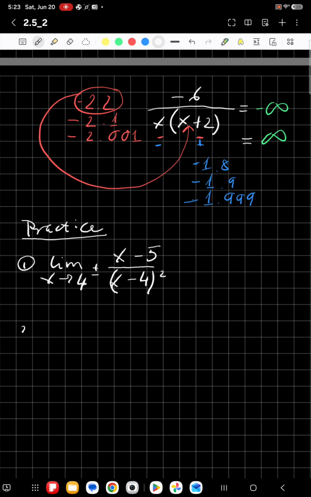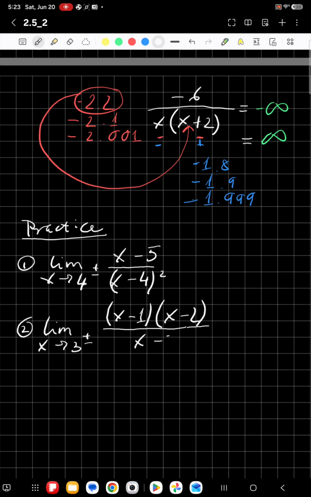The second problem: limit as x approaches 3, and the function is like this, x minus 1 over x plus x minus 2, and then x minus 3.